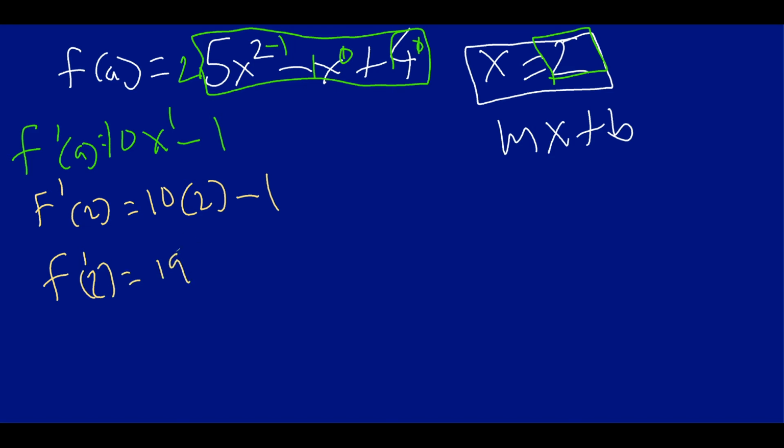So in other words, this is the slope of our tangent line at the point where it touches this original equation, at the point 2, 19. The 2 comes from the fact that I plugged that in right here, and the 19 is what I get out. So 2, 19. That's what we're going to be getting.